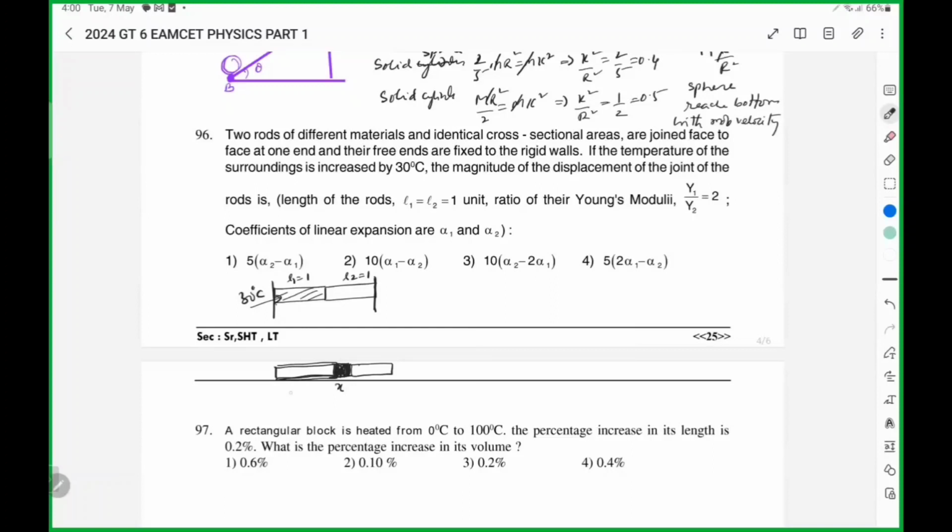So it has an original expansion L alpha delta t. It also has an expansion L alpha delta t. It may be alpha 1, alpha 2.